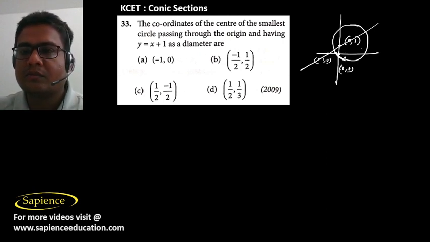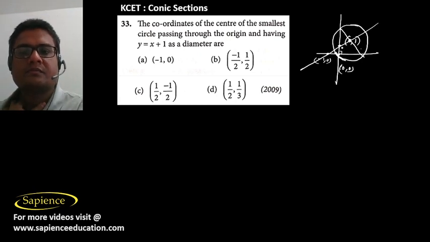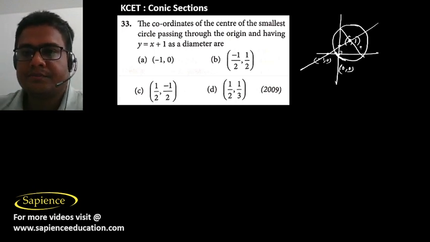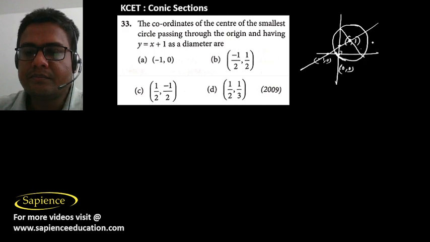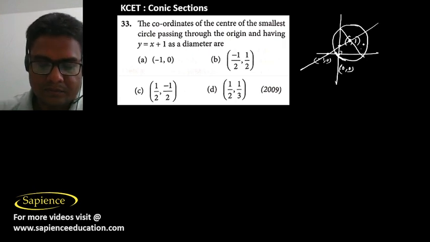So now this is a right angle. It means that if we join these 2 points, then this is also a diameter of the circle.